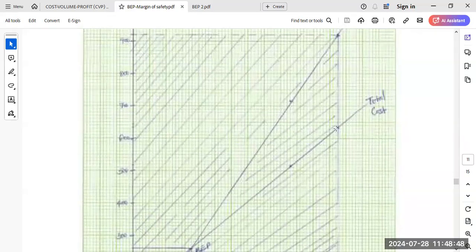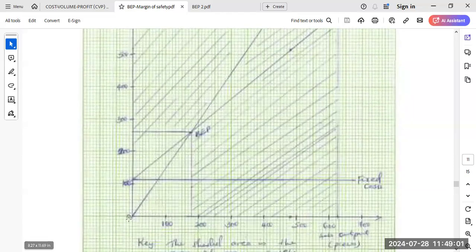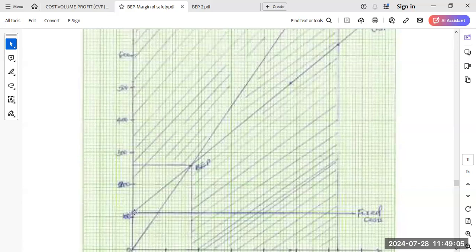Approximately 633 is here. But we know that total costs is equal to total variable costs plus fixed costs. You cannot start from zero. So we start from where? We start from where fixed cost line commence, where this fixed cost starts from.